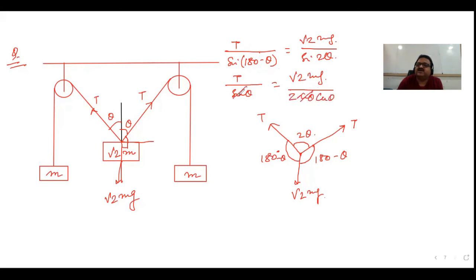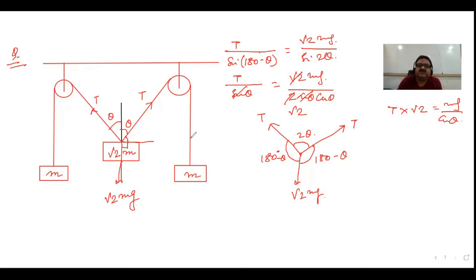Sine theta gets cancelled in this case. So if I cancel this, this will be root 2. So T into root 2 is equal to mg by cos theta. Okay.